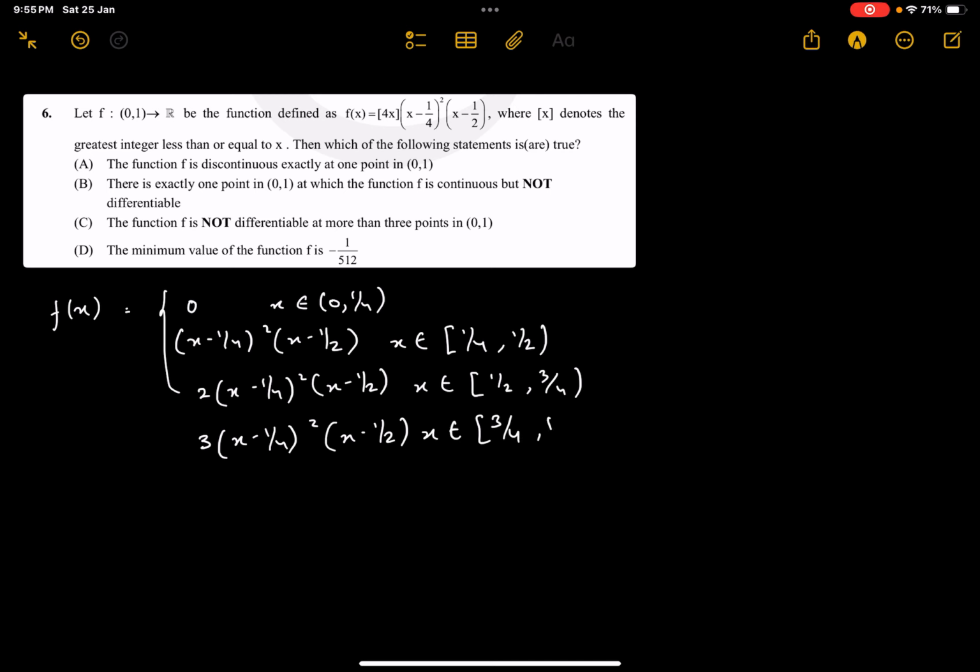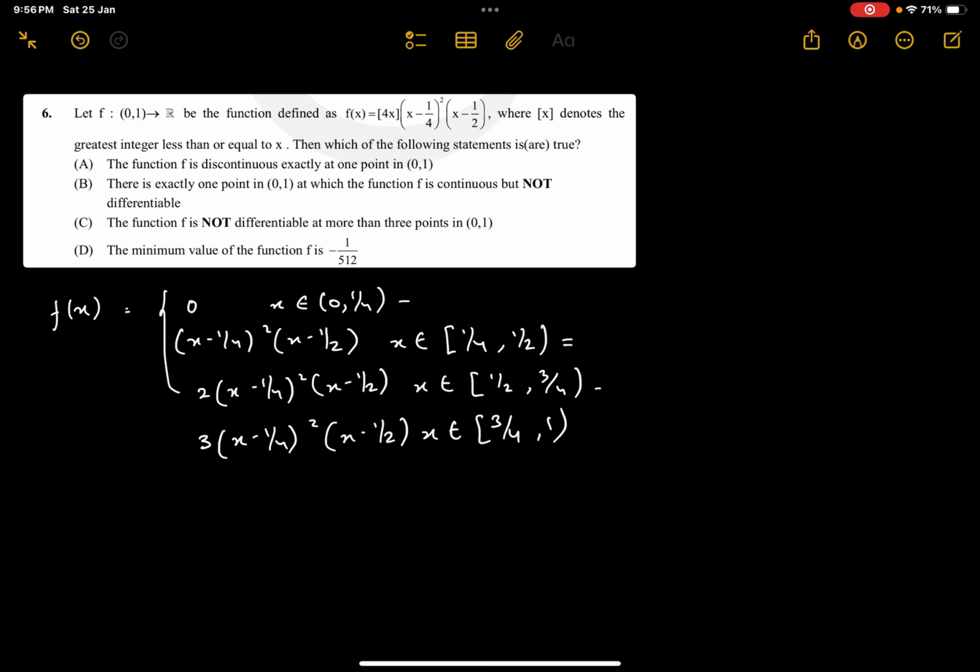So now that we have the function defined, let's move on to the options. The function is discontinuous exactly at one point in 0 comma 1. So the points at which we'll have to check are the endpoints of the subintervals. At 1 by 4 this is 0 and this is 0, so it's continuous. At 1 by 2 this is 0, this is 0, so it's continuous at half also.